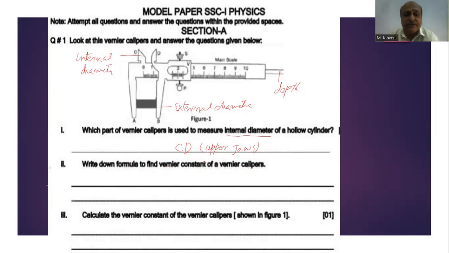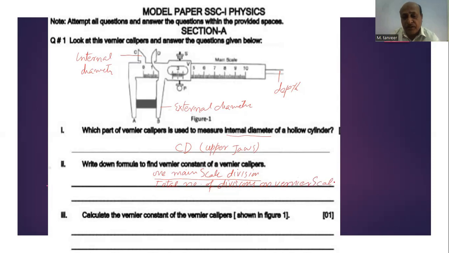The formula for finding the least count is 1 main scale division divided by the total number of divisions on the vernier scale.